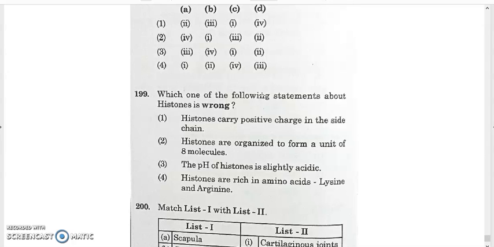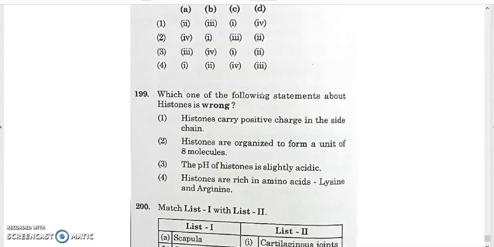The pH of histone is slightly acidic? No, as it is a basic, positively charged protein, rich in lysine and arginine, histones are basic in nature. That's why they combine with DNA. As DNA is acidic in nature, it wraps around the histone octamer. Linker histone H1 acts as a linker.